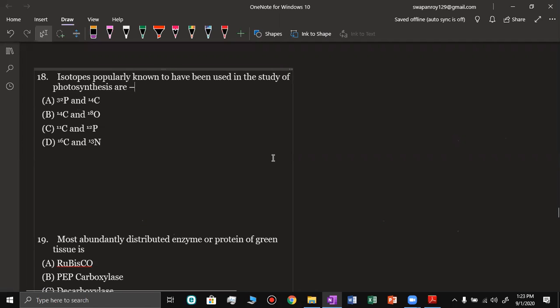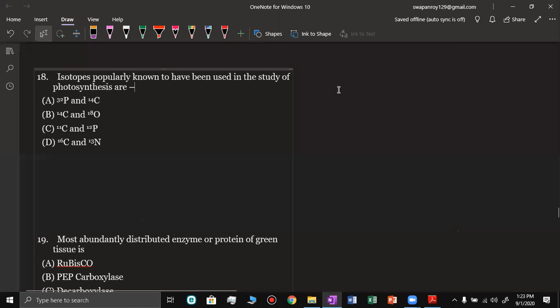The isotopes, as you know, are the elements having different mass. So which are the elements that were used for the photosynthetic experiment?